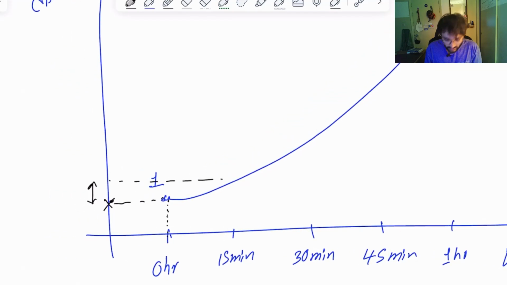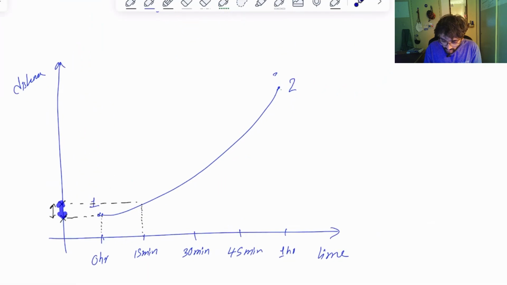For 15 minutes, I go up and I go left. So that's the point. So in the first 15 minutes, that's the distance traveled. Similarly, if you do it for 30 minutes, it will come here, go left. This is the distance for the next 15 minutes. For the next 15 minutes, it is this much.